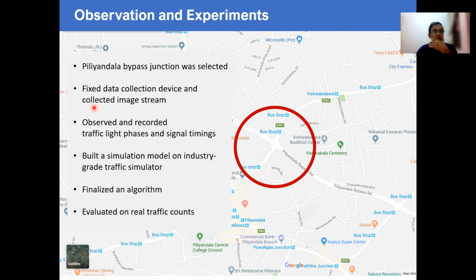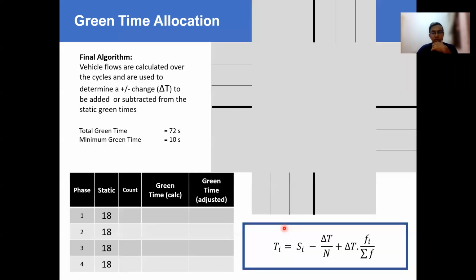We collected data from a set of images and set the static timing accordingly. Then we ran the algorithm in Python and adjusted the timing. Let me show you the simulation result.